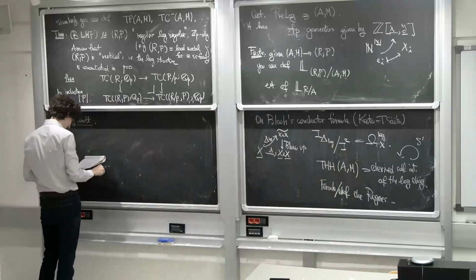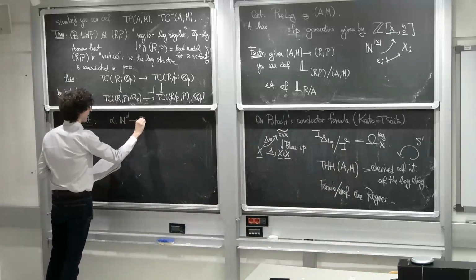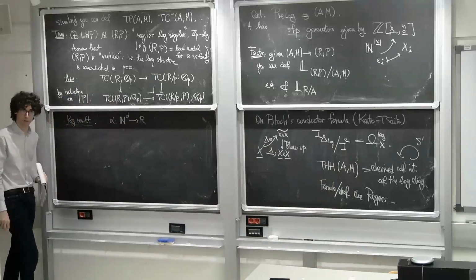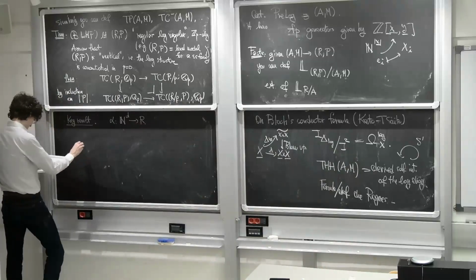Suppose that you have a free monoid. Suppose you're in this situation, and you can reduce to this by a bit of étale descent.